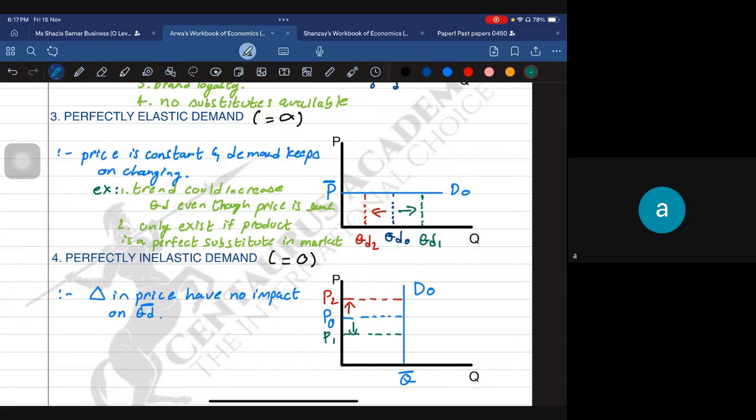Right. So what example can you provide here for perfectly inelastic? I think maybe water, because for food there are still substitutes, like different types of food, but water is one constant product. So it means there must be no substitute for that product.